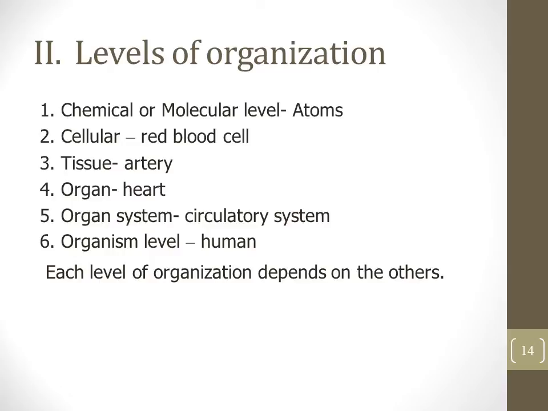So all the organs in the body come together to form the system and they perform similar functions. And all the systems also come together to form the last level, which is the organism level or the human. That is why I want you to know that each level of organization depends on the others.